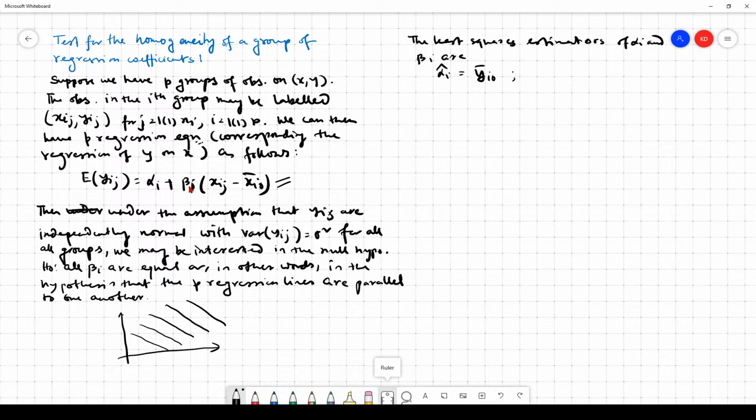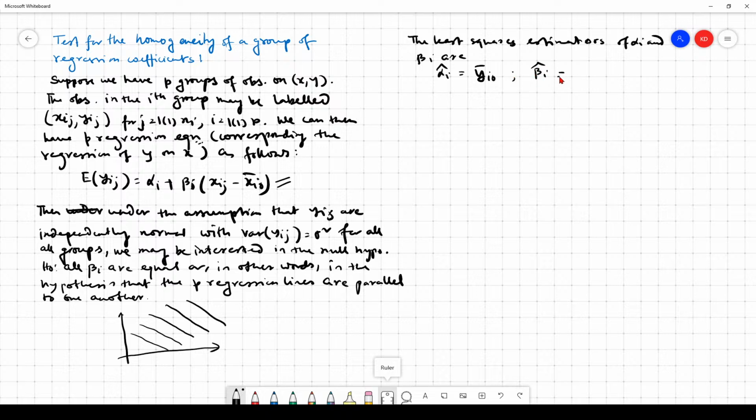You can take this statement, or you can find the alpha i, beta i by minimizing the sum of squares of error with respect to alpha i, beta i respectively.